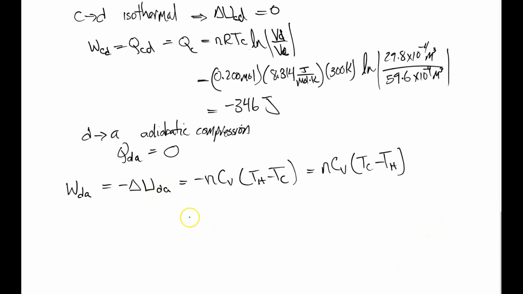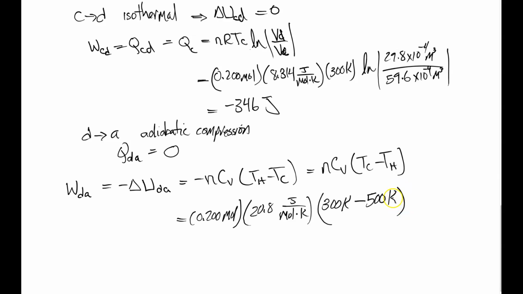And plugging in our values, we get 0.2 moles times CV, which is 20.8 joule per mole Kelvin, times the change in temperatures from C, which is 300 Kelvin, to 500 Kelvin, or negative 832 joules.